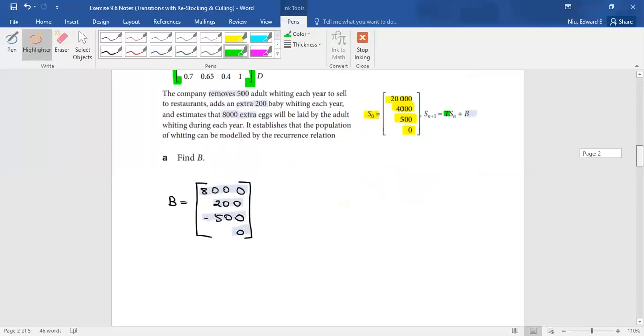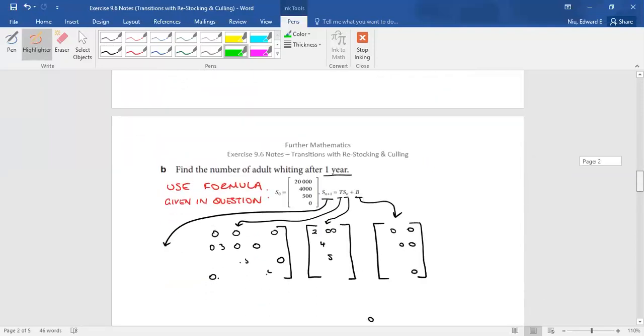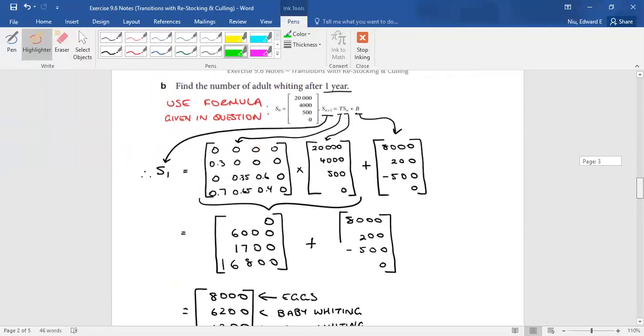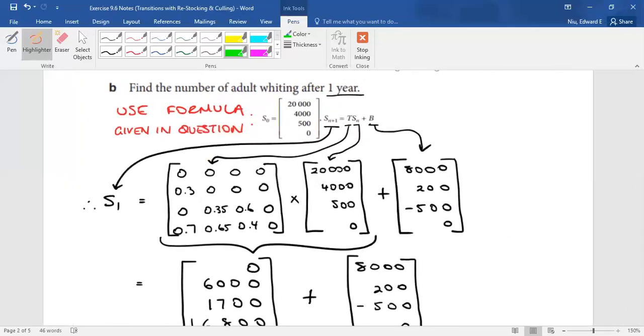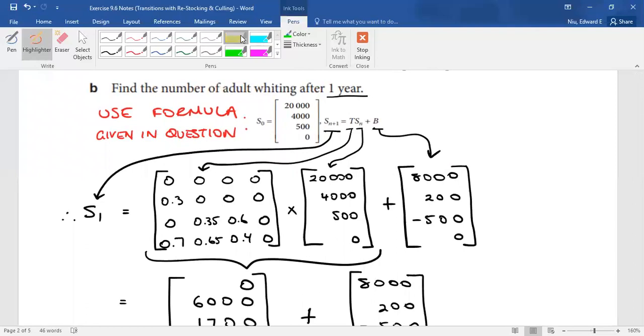So now that we've got our B, we've got the rest of the formula sorted, we can take a look at part B. Find the number of adult whitings after 1 year. What we need to do is, remember that formula we just highlighted where we had S0? If you don't remember, it's literally what we just looked at, and I've copied it down below.